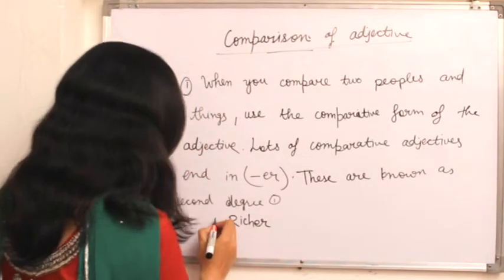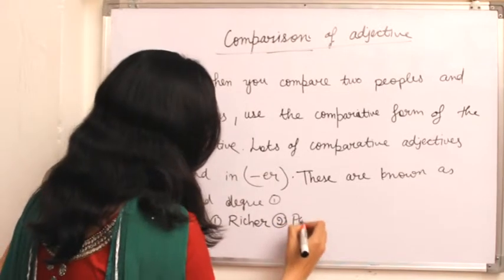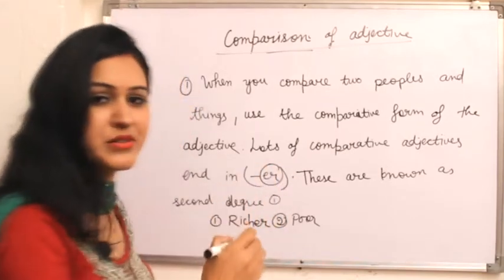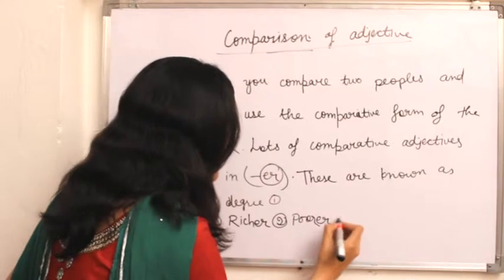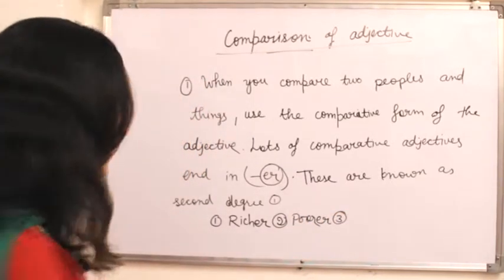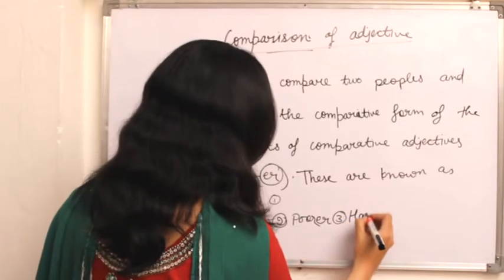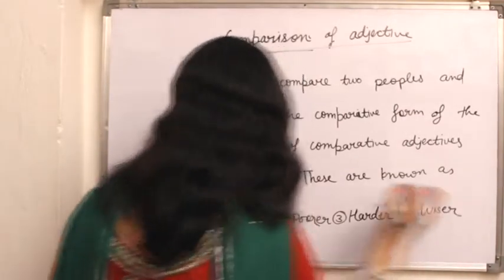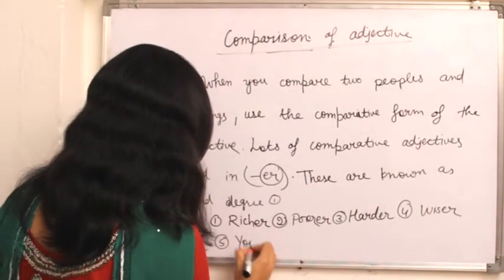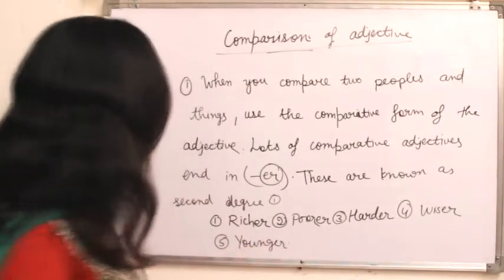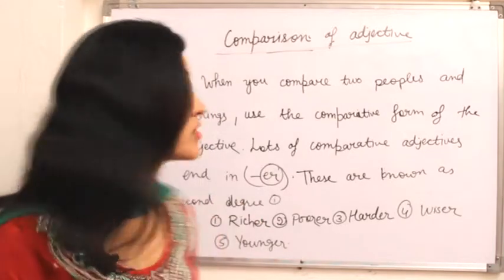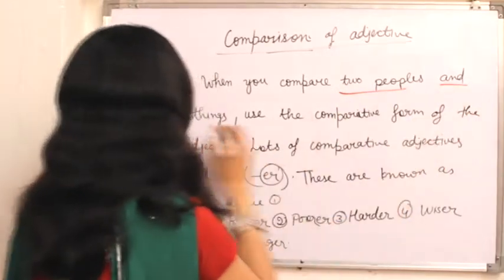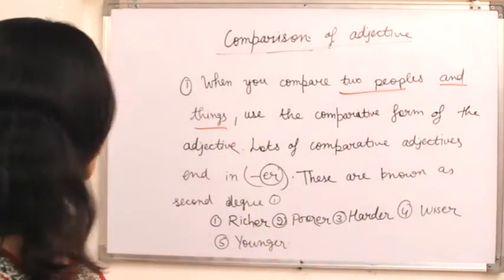Okay, so now I write here poor, and what is its ending? Its ending is er. So now I just add here er. What is the next? The next is hard, so harder, wise, wiser, and at the last younger. So when you compare two people and things, use the comparative form of the adjectives.